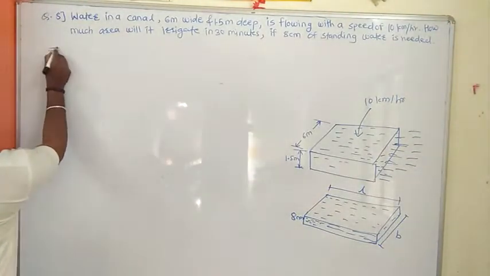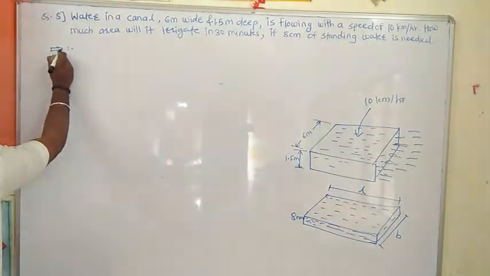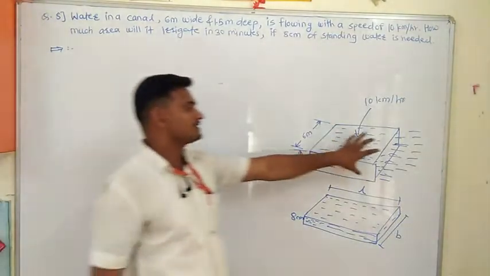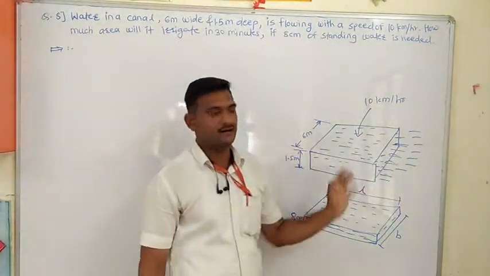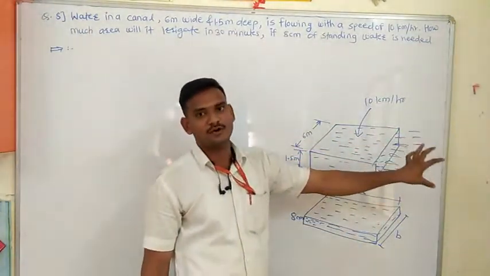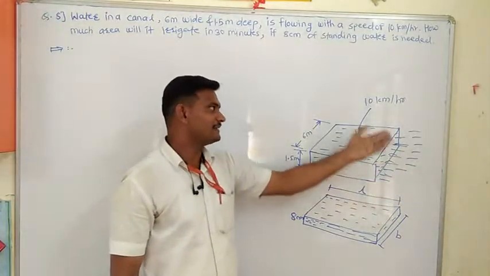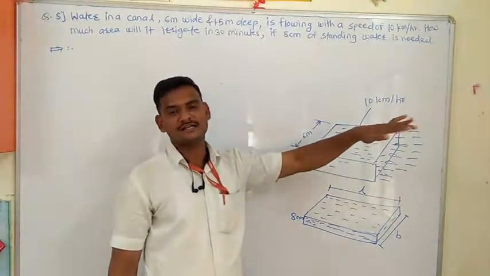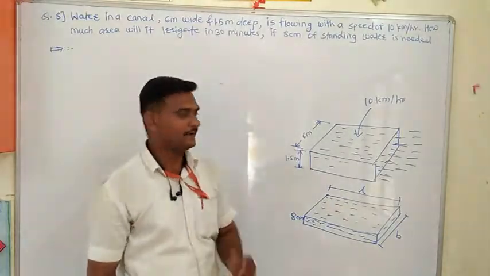Now, for this, first of all, we have to find in 1 hour how much amount of water flows through this canal, and after that we will get in a half hour how much amount of water will flow. Okay.